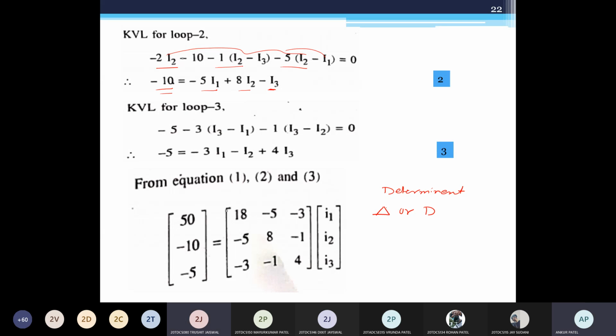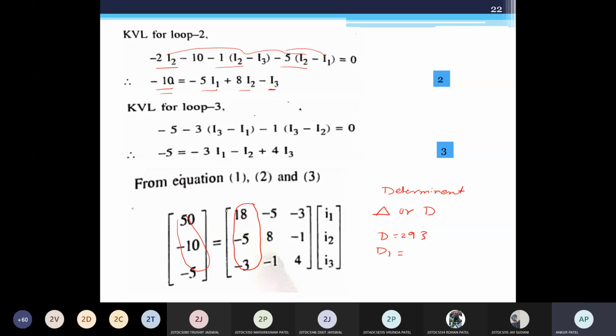D equals 293. Okay. Tell me D1. For D1, just replace this column by these constants.